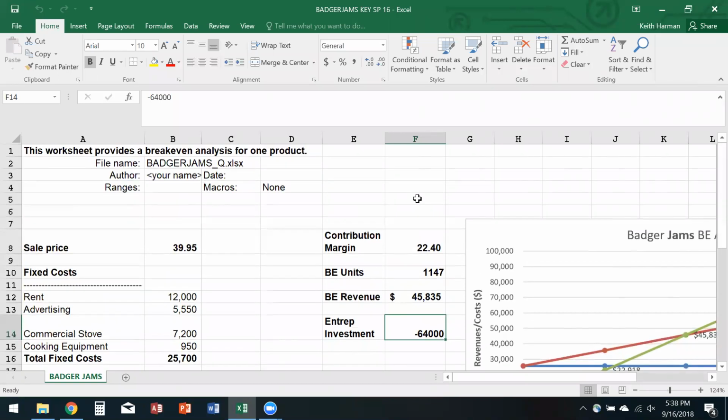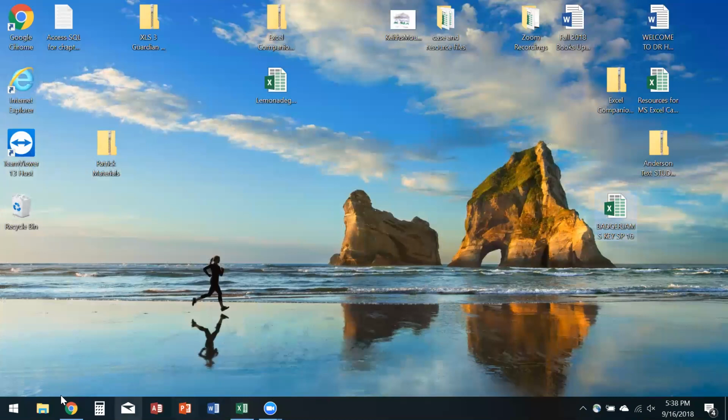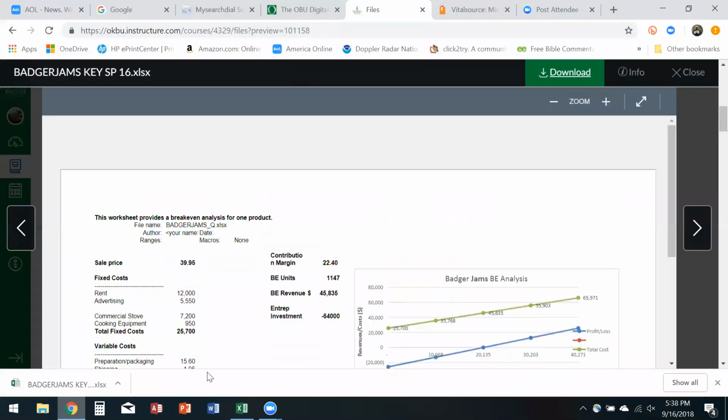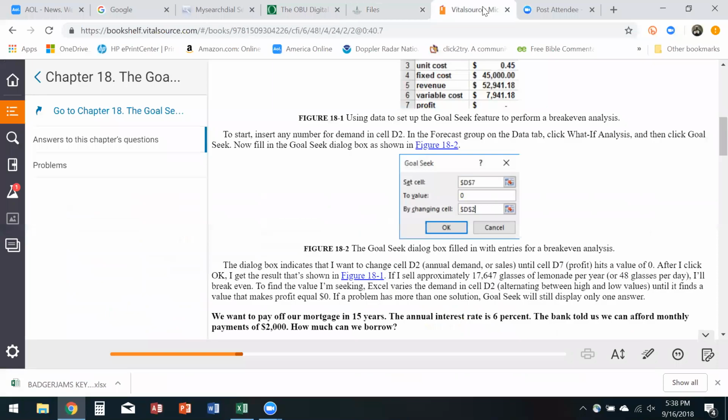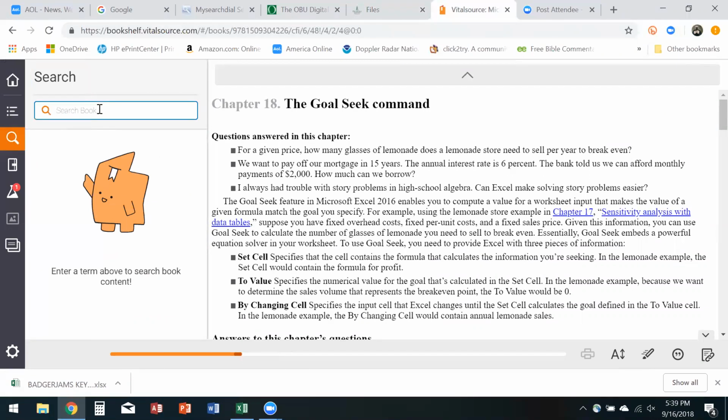And first of all, in chapter 18, I'm going to diminish this down for just a moment, and we'll go back over here to the VitalSource text. Now remember, we're over here in chapter 18. Let me move this around here for a sec. There it is. And I'm just going to do a search for break-even analysis.